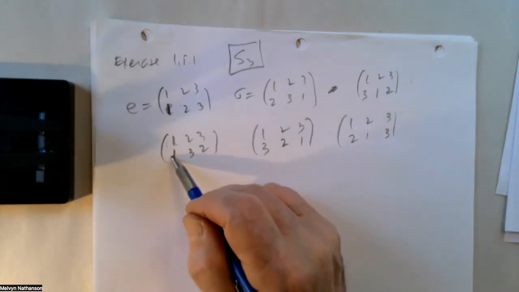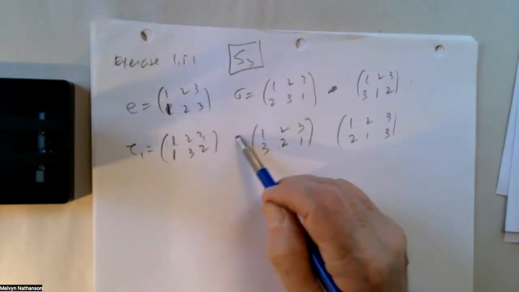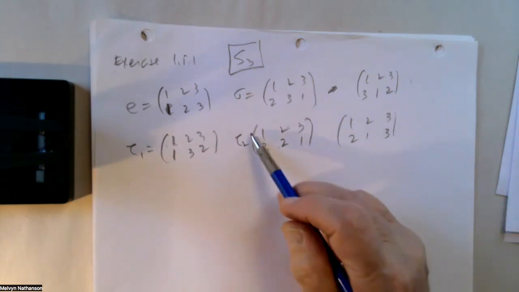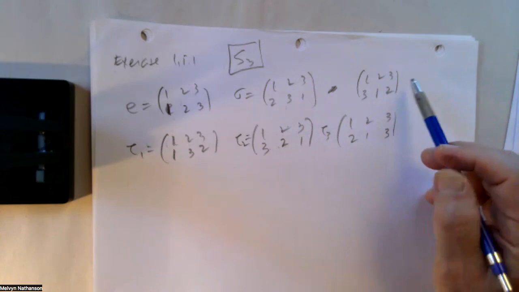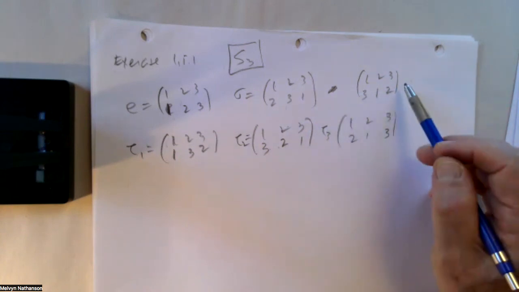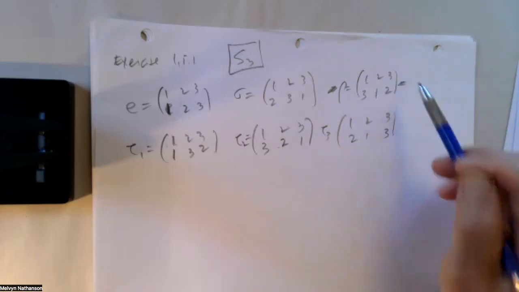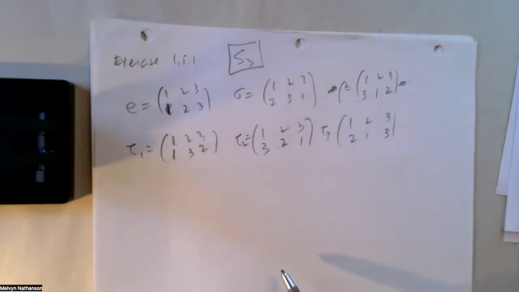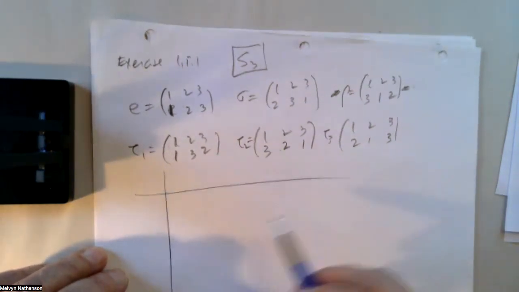Here I fixed 1, I'll call this tau 1. Here I fixed 2, I'll call this tau 2. Here I fixed 3, I'll call this tau 3. Let me call this rho. Okay. So these are all the permutations, and we want to work out the multiplication table.